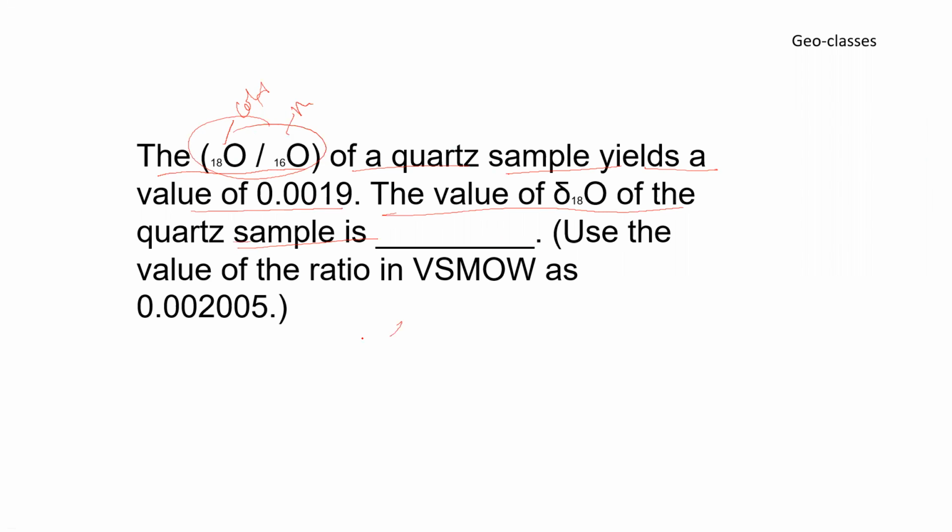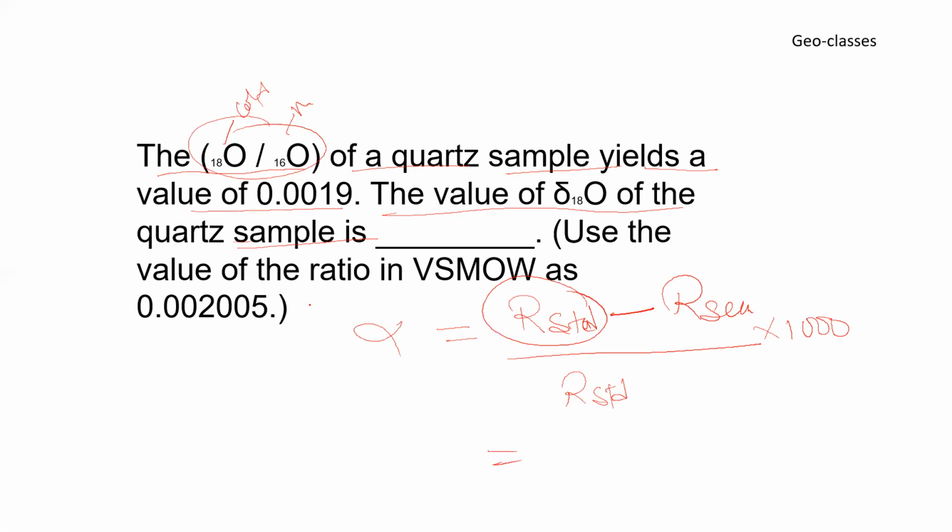And for that, we have a formula. If you want to calculate this value, then the formula is alpha is equal to R standard minus R sample, the value which is given here, divided by R standard, multiplied by 1000. So here the value of R standard we'll be taking as V-SMOW because it is given here.